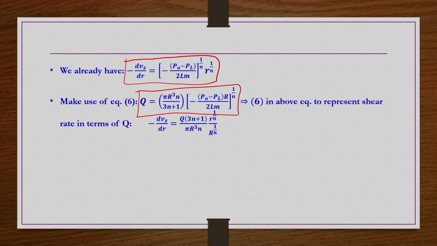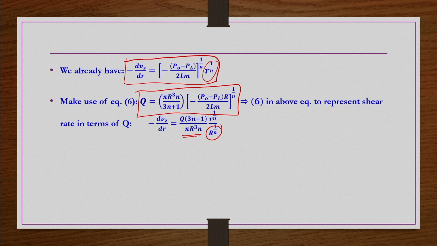So, now here what you do, wherever this minus delta P by L capital R by 2 m whole power 1 by n is there, in that place in this equation you can write Q multiplied by 3n plus 1 by n R cube by n, that is what you can write, and then divided by this R power 1 by n, and then small r power 1 by n is as it is here.